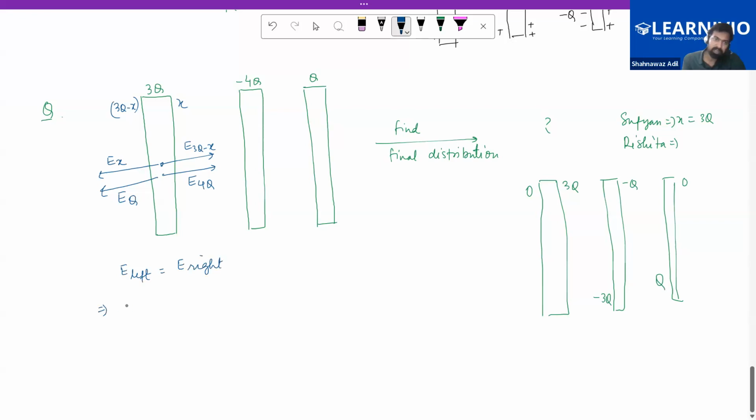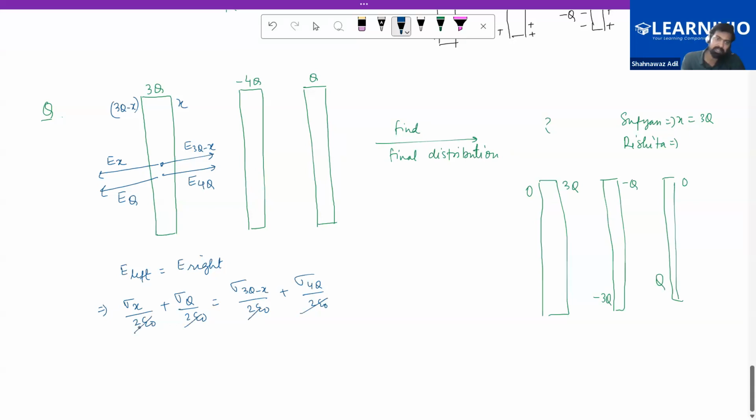So E left is equal to E right. We have sigma X by 2 epsilon naught, then sigma Q by 2 epsilon naught, sigma (3Q minus X) by 2 epsilon naught, sigma 4Q by 2 epsilon naught.